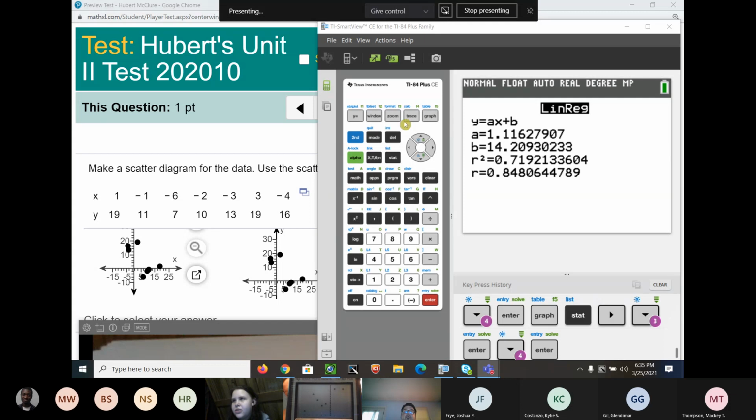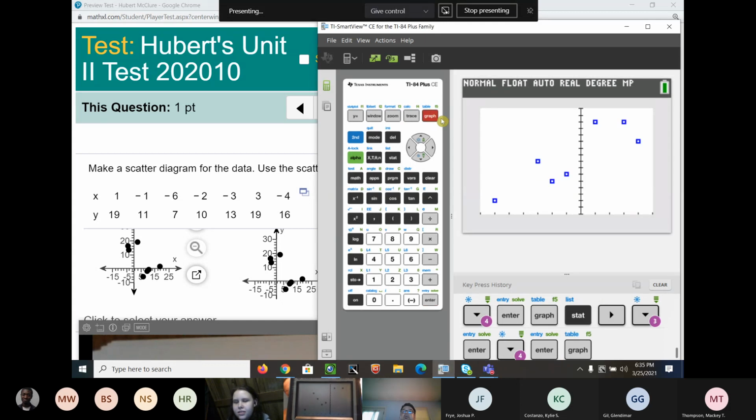Don't move it. Okay, hit zoom 9 one more time. Yeah, you've got some points wrong. What I would do if I was you is go in there and clear both lists and type them in again. So go ahead and do that right quick.